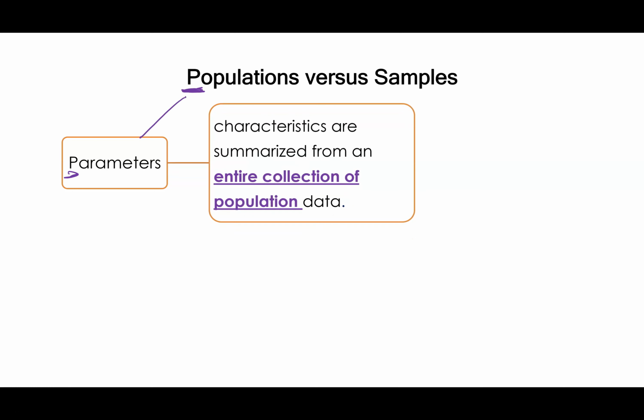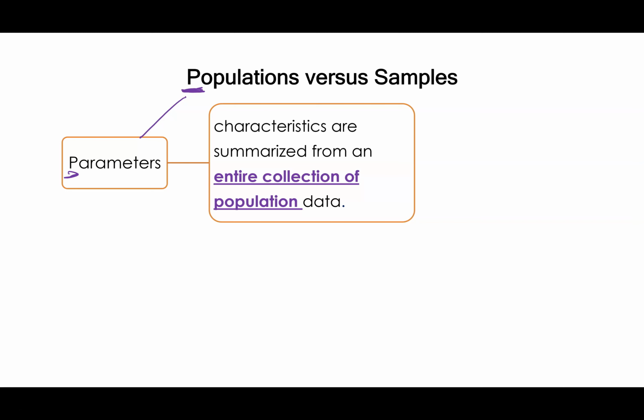So, populations versus samples. It's really important to know what group we're actually talking about. I like to think p for population, p for parameter: population parameter. These are features about the overall bigger population. This is usually the larger group that you want to make a statement about.